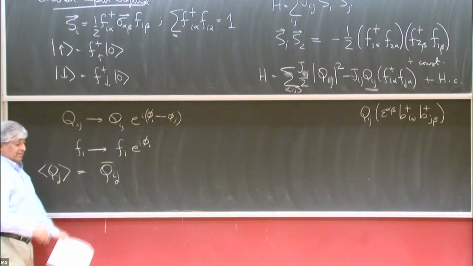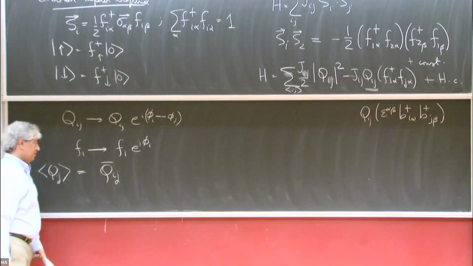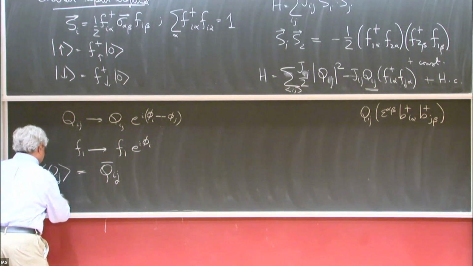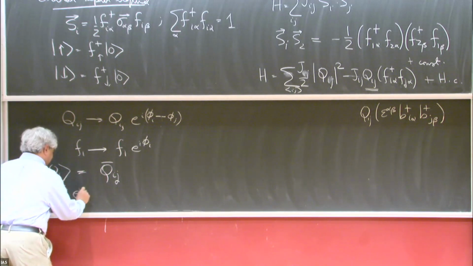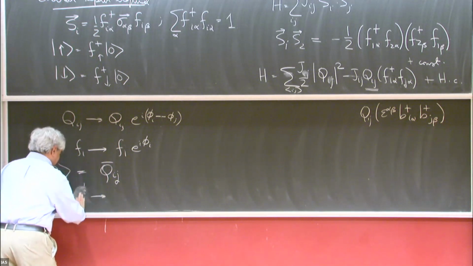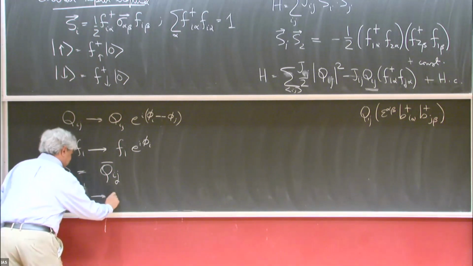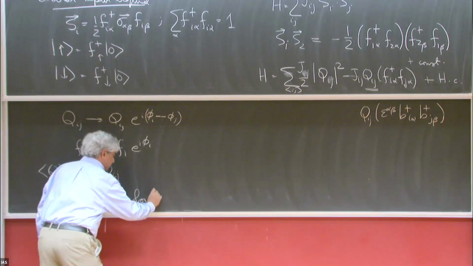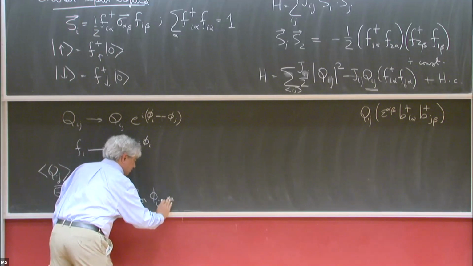Then what I notice is that there's an unbroken U1 gauge symmetry. So if I make a global transformation, Q bar ij under phi that doesn't depend on sites, it'll just go to Q bar ij, for phi i independent.